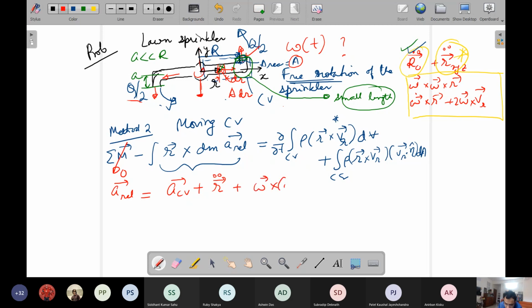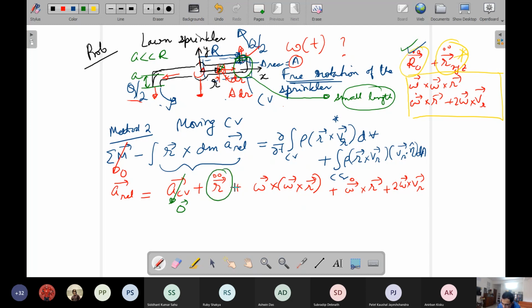These angular terms will be important. I wanted to illustrate these terms, and that is why I have come into this problem. At least we should solve one problem where the impact of this term is there. The acceleration of the control volume is not there. It is a null vector because there is no linear acceleration. It is only angular motion.